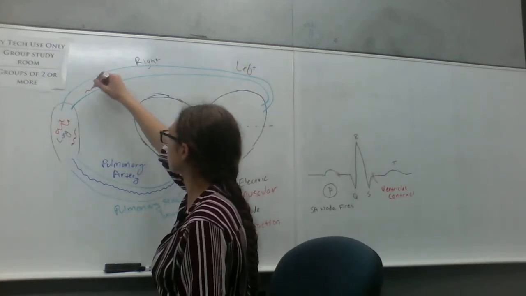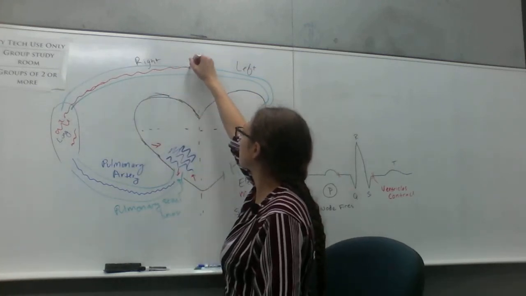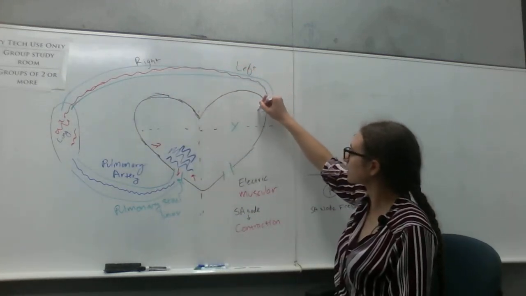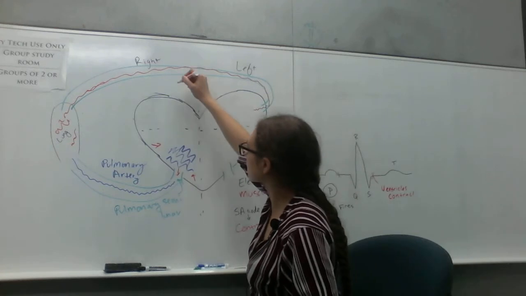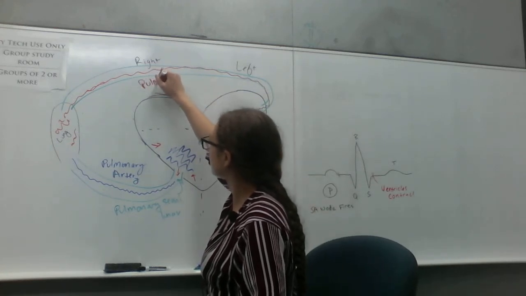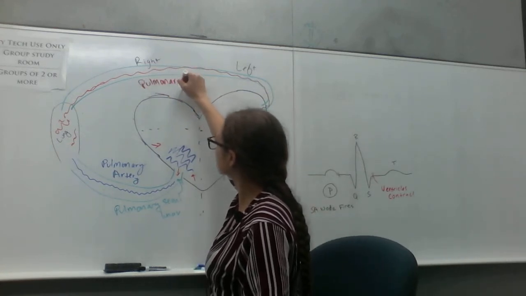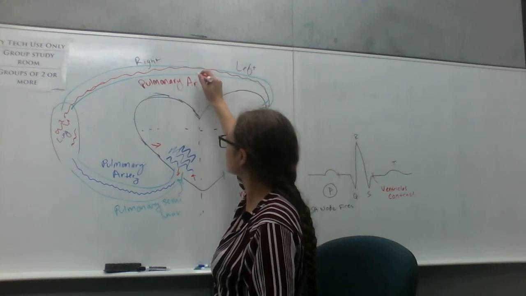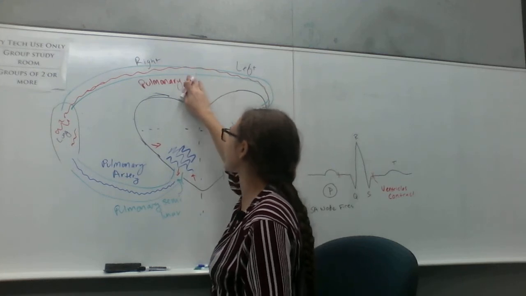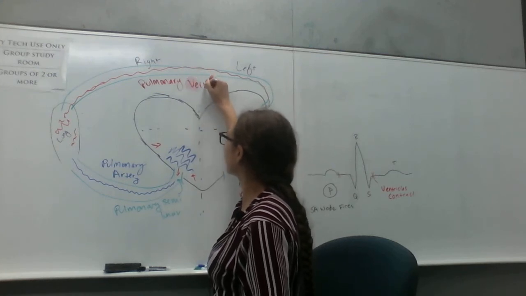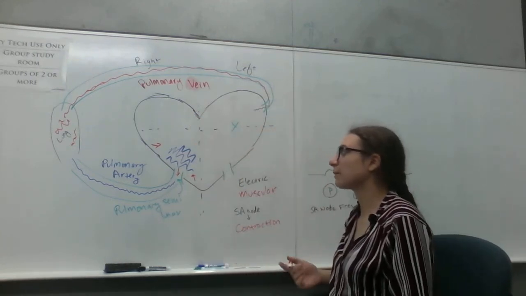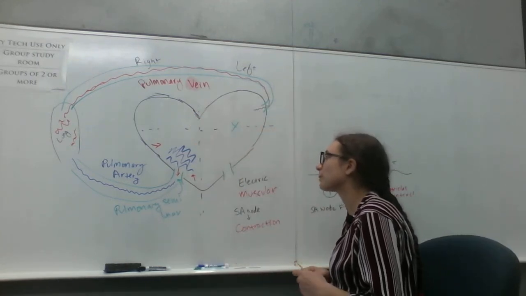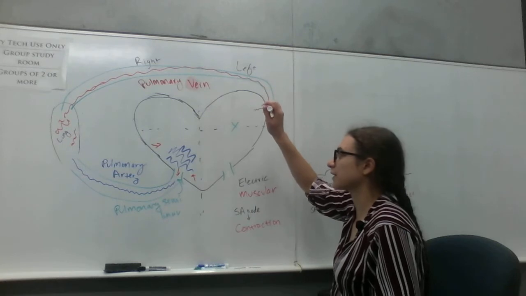So this is the blood going from the lung to the left atria. And what is this called? The pulmonary, huh? No, pulmonary vein. You're right. You got me. So blood will go from the lung through the pulmonary vein to the left atria.